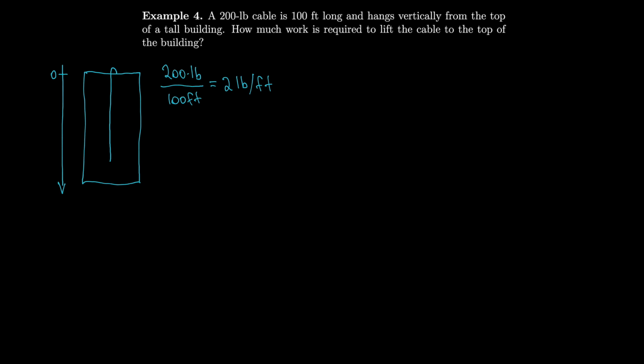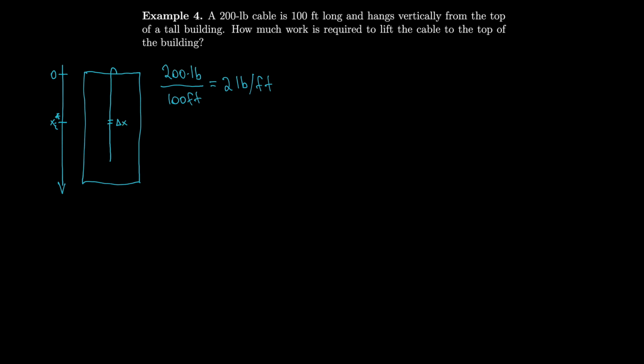How about we look at it at a particular x value? Let's say xi star, some sample point. At that sample point, I'm going to cut the rope up into a tiny little piece. It'll be 2 pounds times whatever feet are at that little piece. I'll call that little distance in the rope delta x.